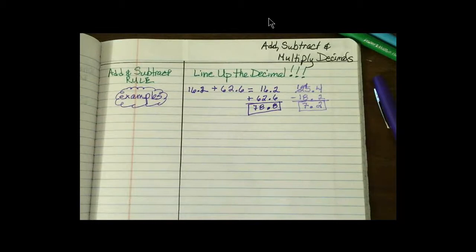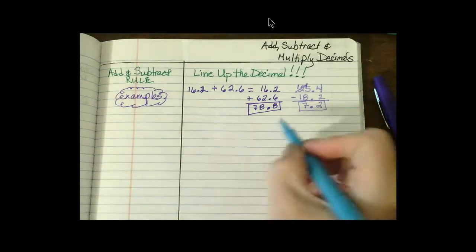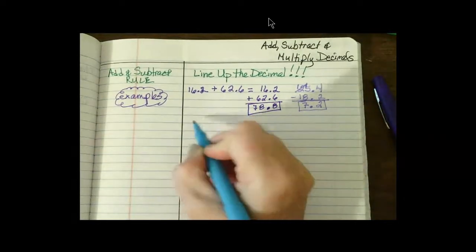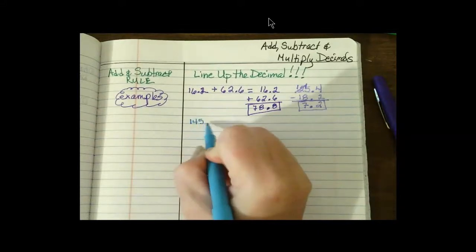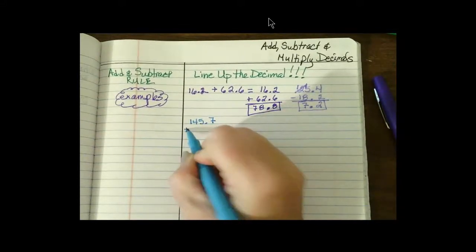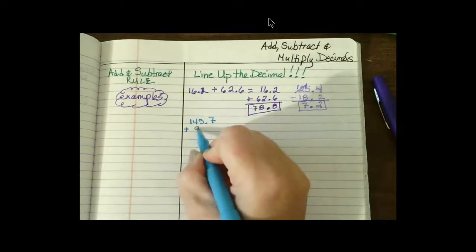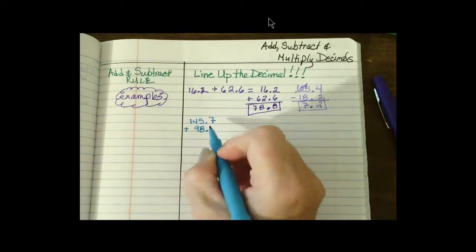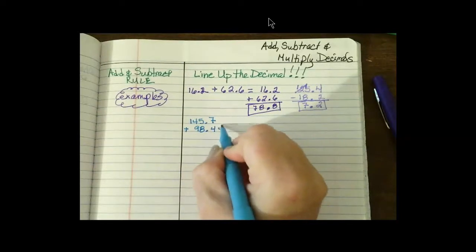All right? So now, I know some of you are like, but wait a minute, miss. I've seen it where they don't have the same amount of numbers. I know, but it's just as easy. Watch this. Okay? I've got 145 and 7/10. And to that, I'm going to add 98 and 44/100.